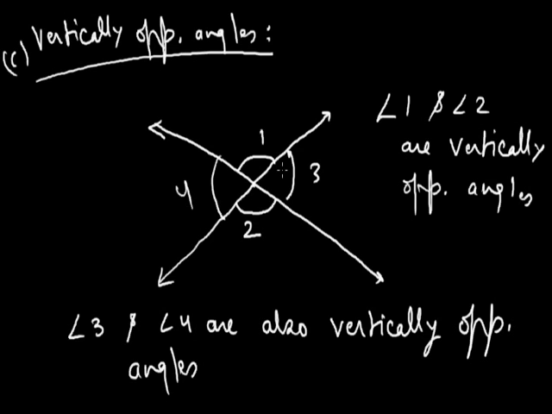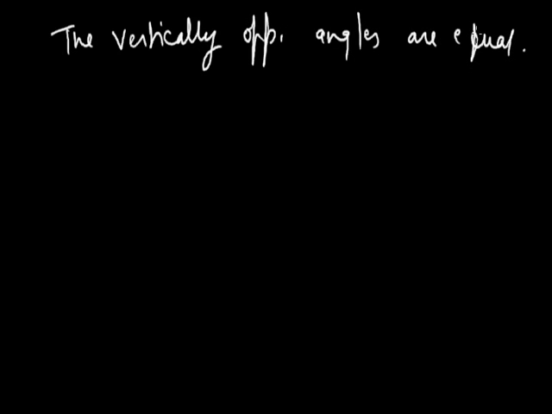A total of four angles are formed, out of which two pairs of vertically opposite angles are formed. Two pairs means each pair contains two angles. So angle 3 here and angle 4 here are vertically opposite angles, and angle 1 and angle 2 are a pair of another vertically opposite angles. Now there is one more concept, that vertically opposite angles are equal in measure. Alright, we will prove this.